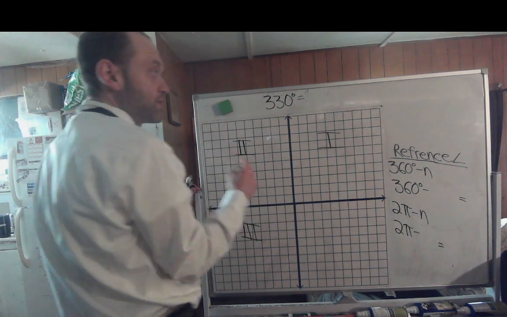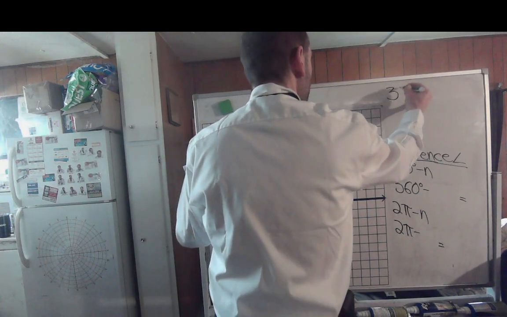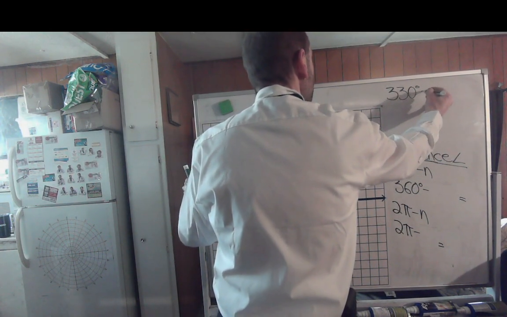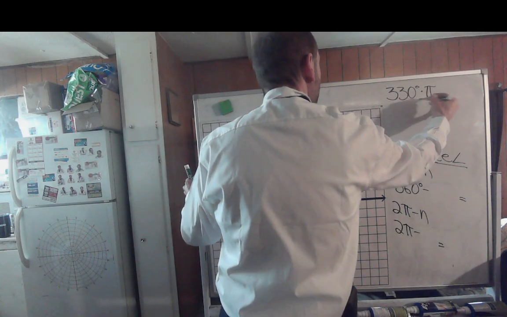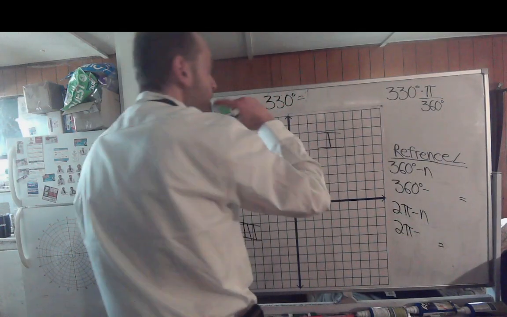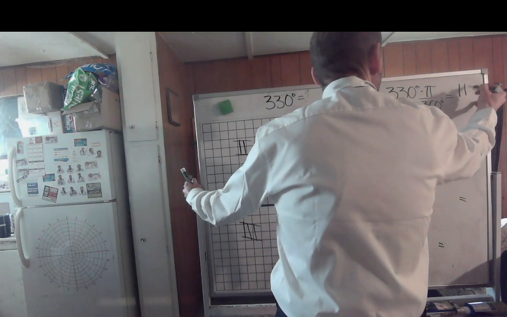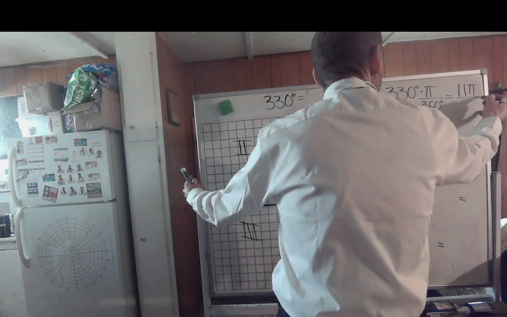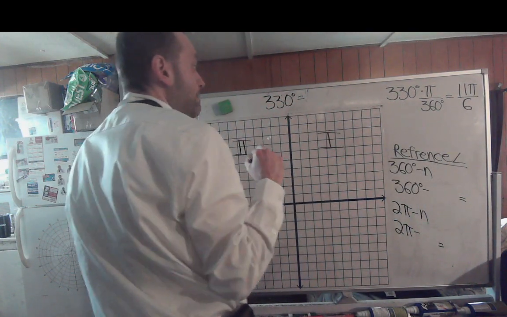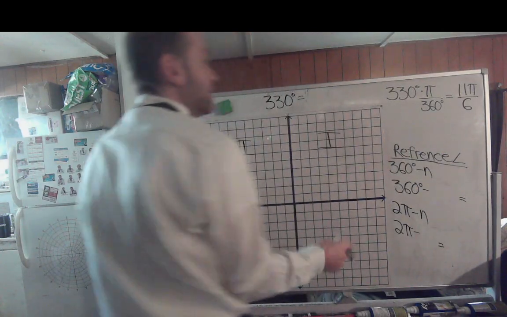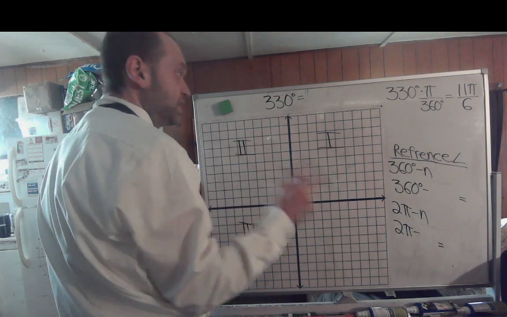So 330 degrees, let's convert that to radians. That's going to be the same as 11 pi over 6. So you would end up getting 11 pi over 6.